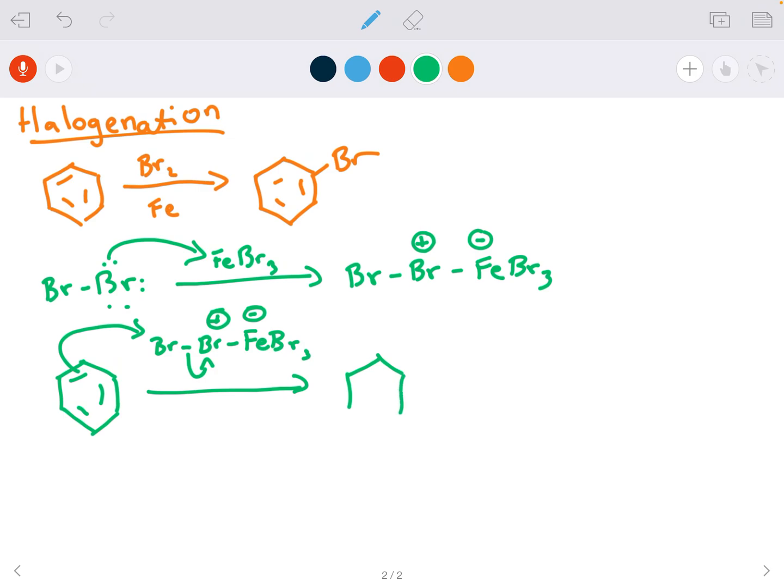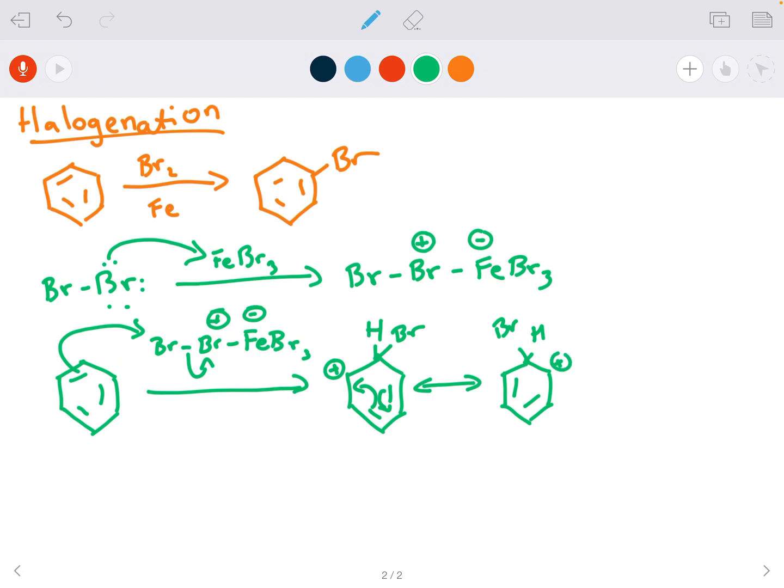So now I'm left with this. Right, there's resonance going on here, so I can move the double bonds around. Right, this is known as a sigma complex when you have your resonance within that bromide, within the benzene ring.